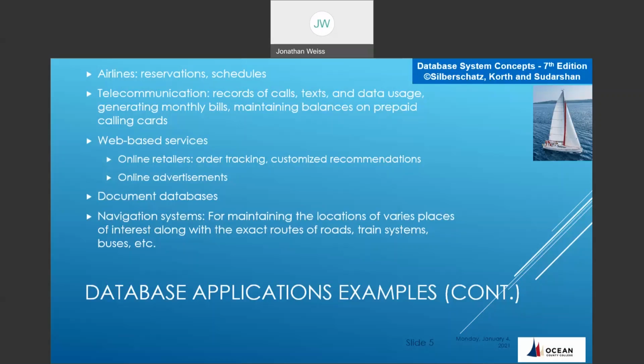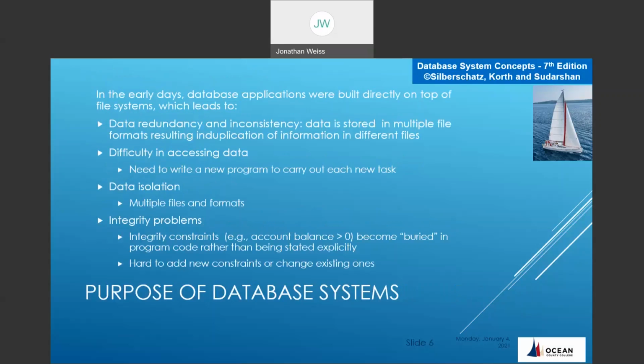All right, so those are just some examples, and you guys hit on a lot of them the other day. But, database systems exist to maintain the accuracy, confidentiality, accessibility, all those things about the data.